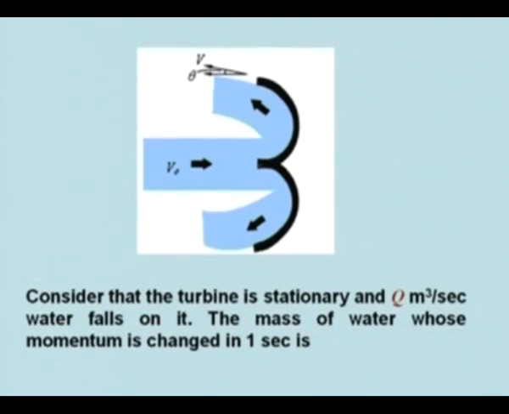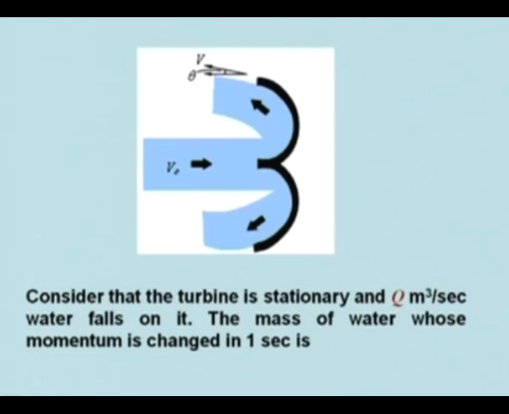Suppose in the beginning it is stationary, and you have a jet of water impinging with velocity v0, and it gets deflected. The velocity remains unchanged, but it gets deflected by theta, and here also it gets deflected by theta, that type of thing. So in that case, this will be like this.